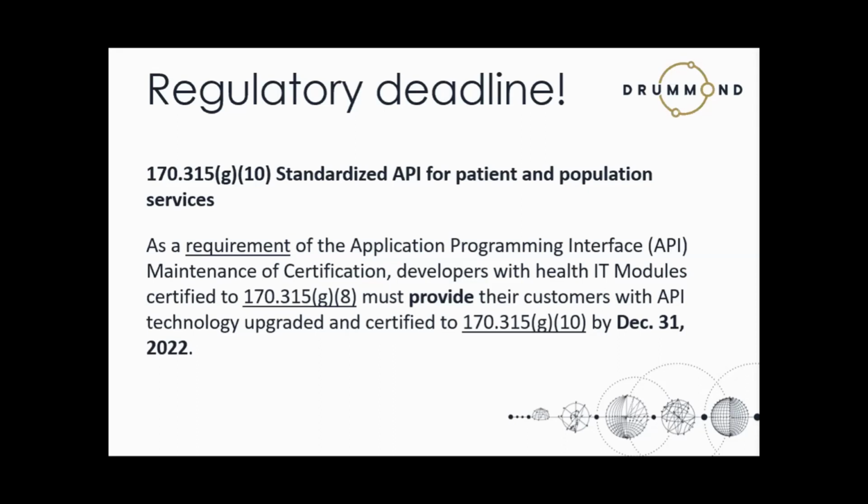What's important to note is it's not only that the software has gone through and been certified and is compliant, the key is providing your customer base with access to this platform.